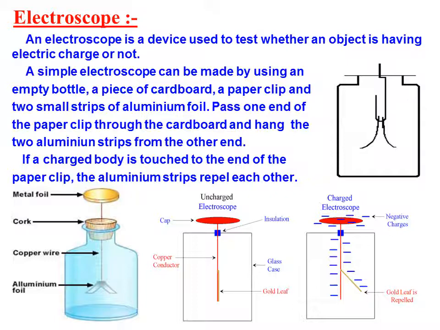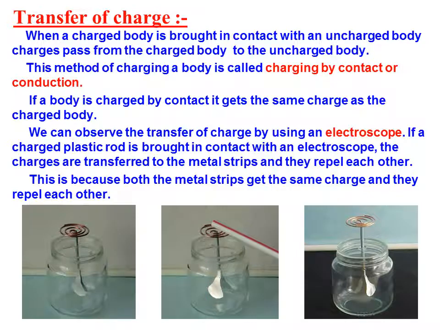And how can we transfer the charge? Transfer of charge. When a charged body is brought in contact with an uncharged body, charges pass from the charged body to the uncharged body. I'll give you a basic example of a magnet.